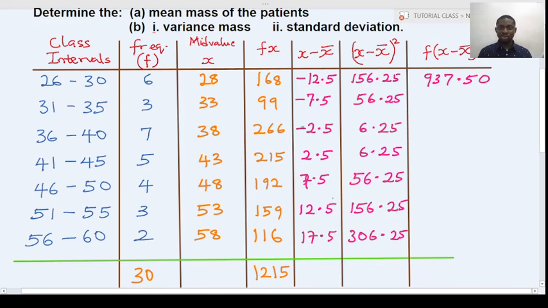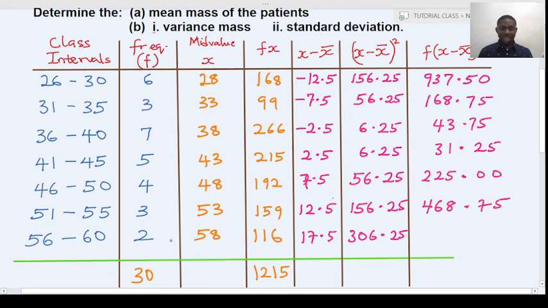We can try our calculator. 3 multiplied by 56.25 will be 168.75. 7 multiplied by 6.25 gives us 43.75. 5 multiplied by this gives us 31.25. 4 multiplied by this gives us 225.00. 3 multiplied by 156.25 gives us 468.75.